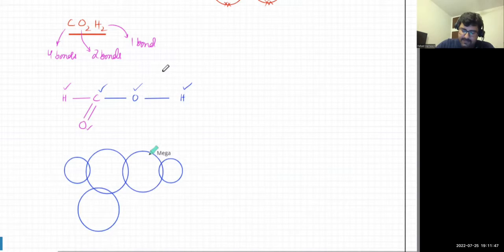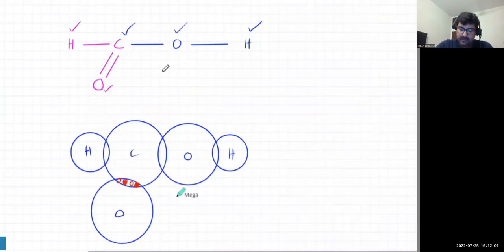So this hydrogen, this is carbon, this is oxygen. You've got hydrogen, this is another oxygen. Over here you had a double bond. I've put a double bond over there, right? So on the left side with hydrogen, there was a single bond. With this oxygen, there was a single bond. And this was also a single bond.